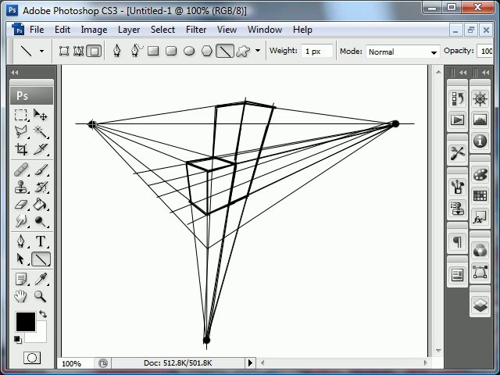I can add a window in this building. Again, always pulling lines from your three vanishing points. You never have a stray line unless it's a line that isn't parallel to anything.